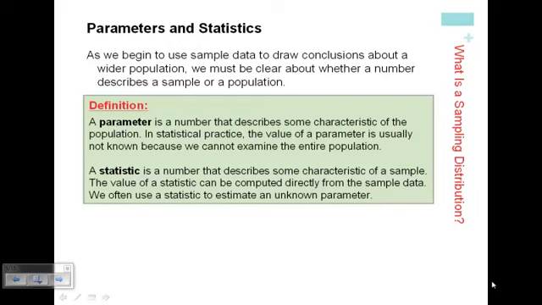When we collect data from a population, the summary numbers that we get are called parameters. But when we collect data from a sample and summarize that sample with a number, the number that we get is called a statistic.